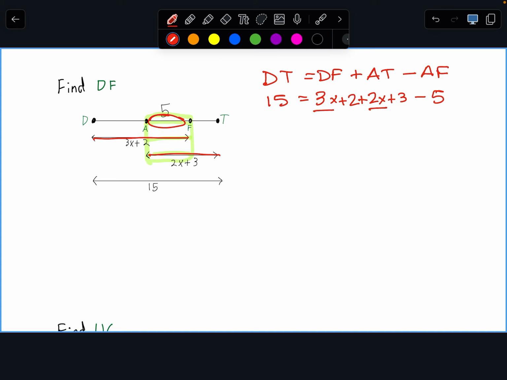So we combine like terms. 3x and 2x is 5x. And then plus 2 plus 3, that's plus 5. And then minus 5 is 0. So then that's all we have left. Those cancel. So we divide by 5. And x is 3.